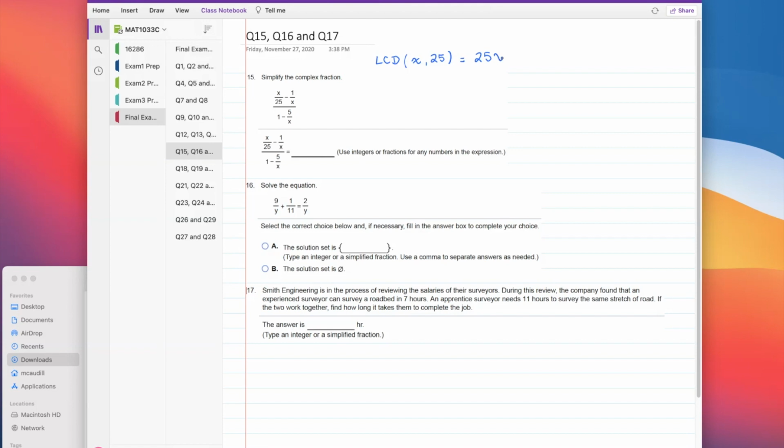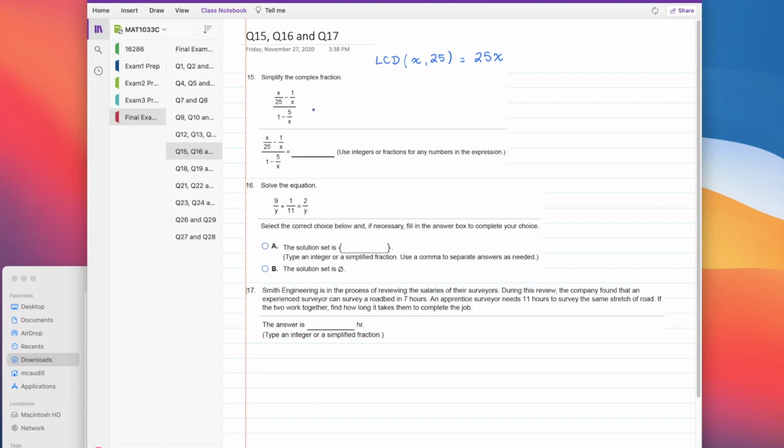Remember that the LCD of an expression is the smallest expression possible that contains both individual expressions. x is inside 25x, and 25 is inside 25x. So this is the LCD.